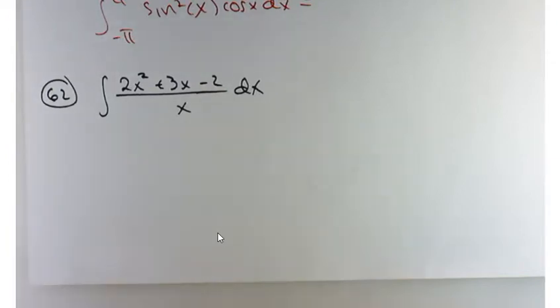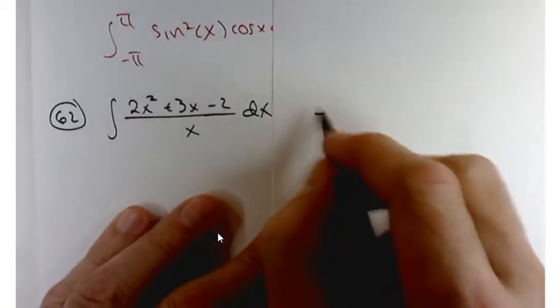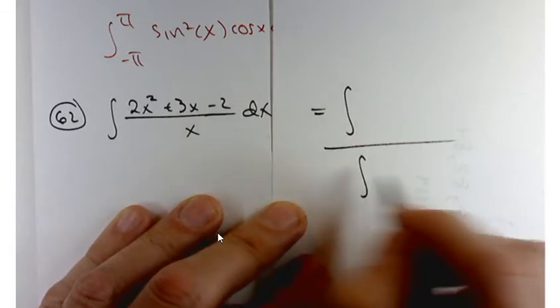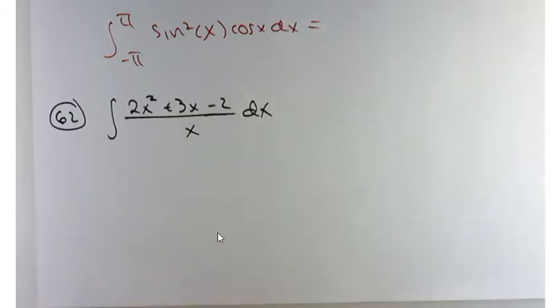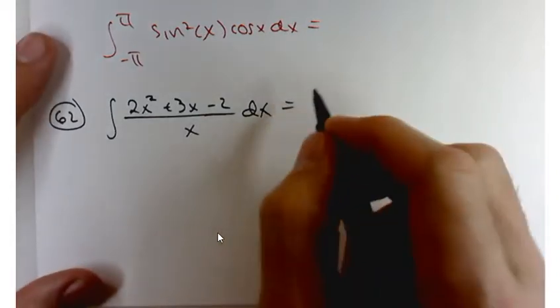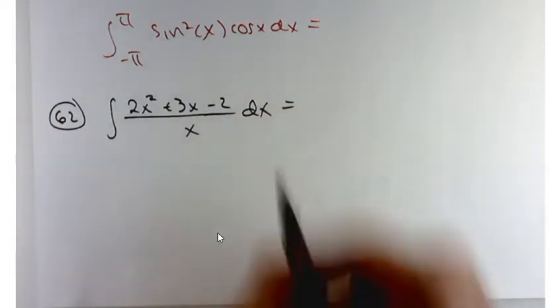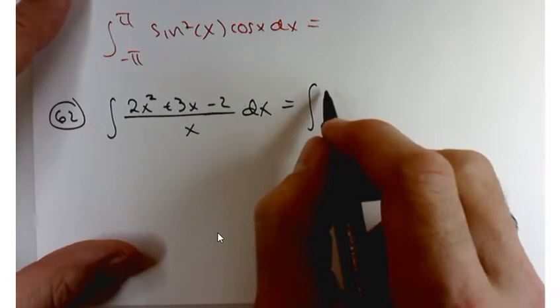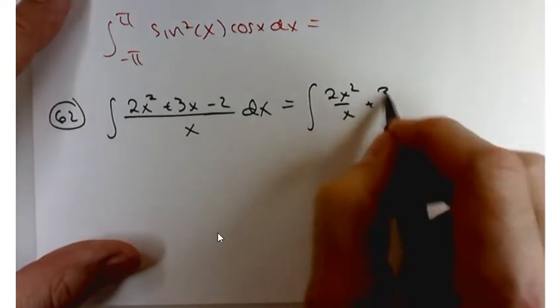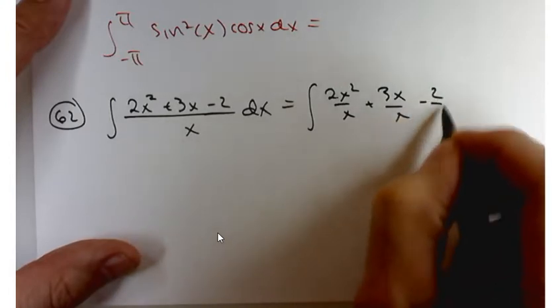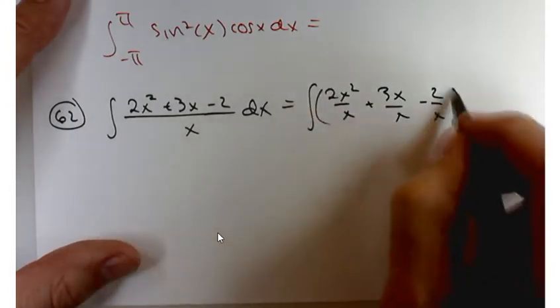But what you can't do with something like this is say, oh, well, that's the integral of the numerator divided by the integral of the denominator. You can't distribute that like that. But there is a nice little fix for our problems here. Break it up. You could break this up as 2x squared over x plus 3x over x minus 2 over x, all dx.